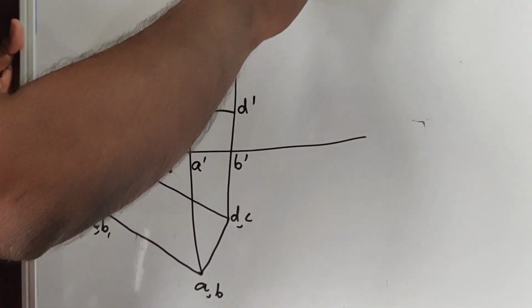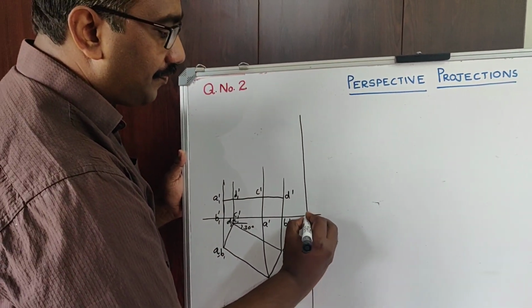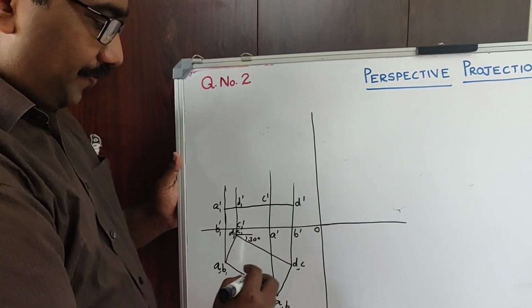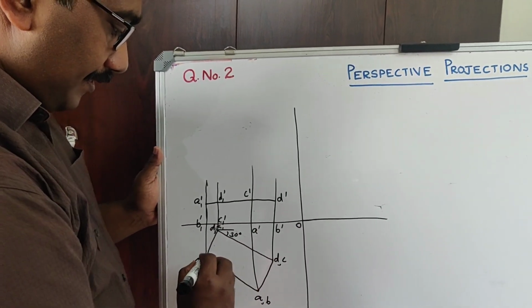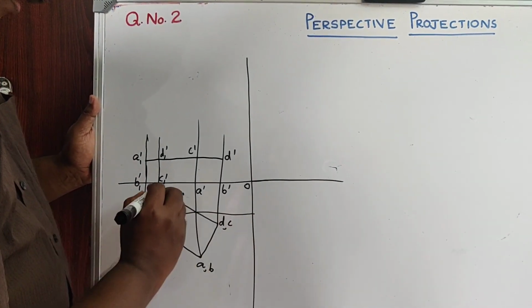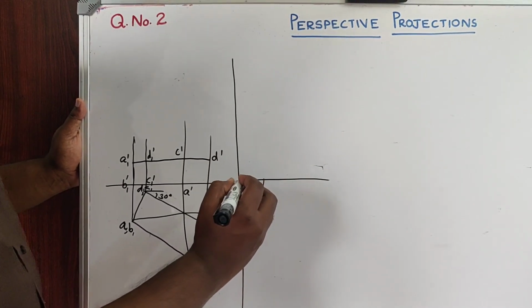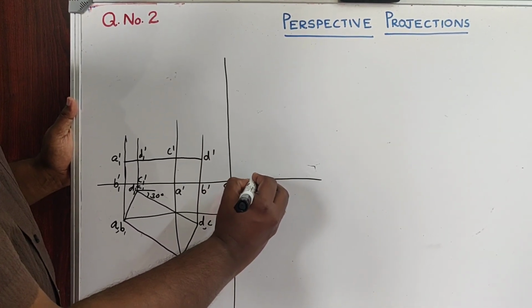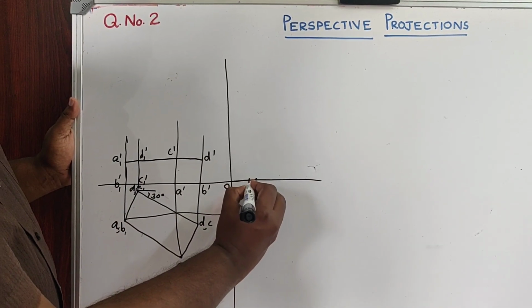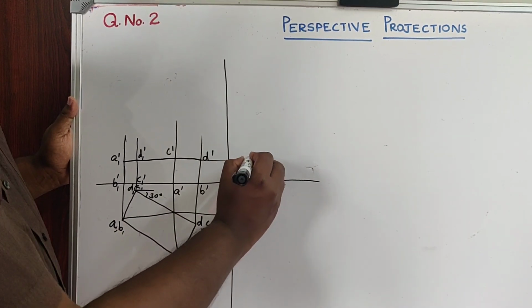Now we need the side view. How to get the side view? As we know, we will take this as the origin, isn't it? So now we can project, say from A and B, we can project. Now you can rotate this. So this point will be point B1 double dash, and you can take the corresponding height from here.